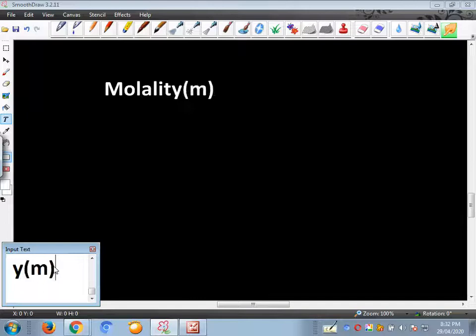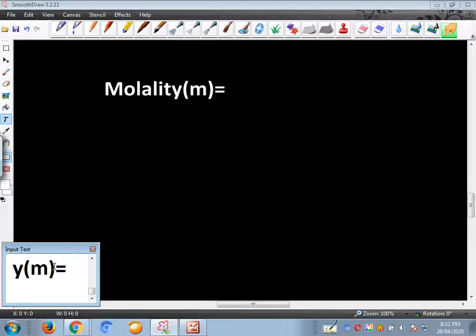It is a small m. You know the formula: the mass of solute by mass of solvent in kilograms. For molarity it is liters, for molality it is kilograms. So I'll directly go for the problem.